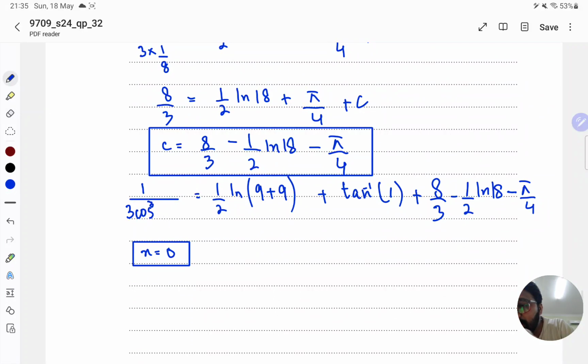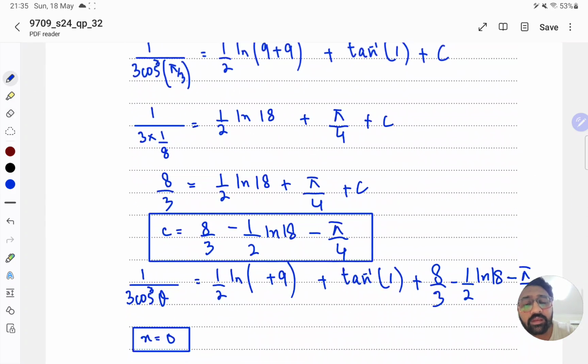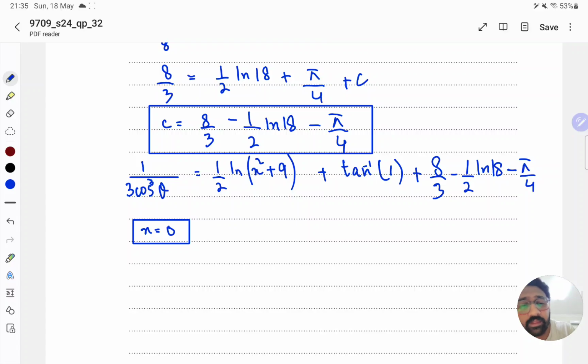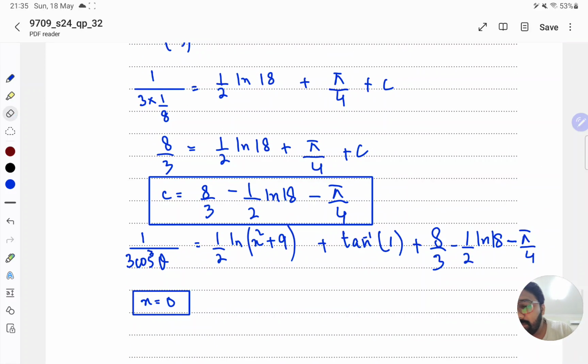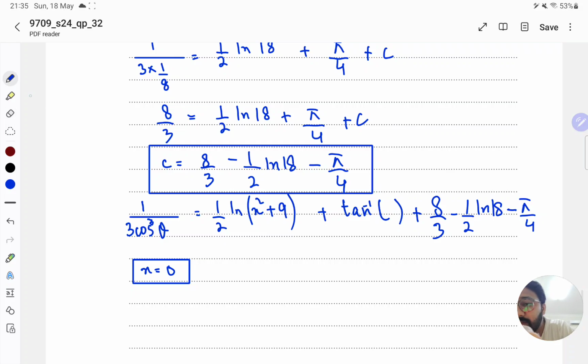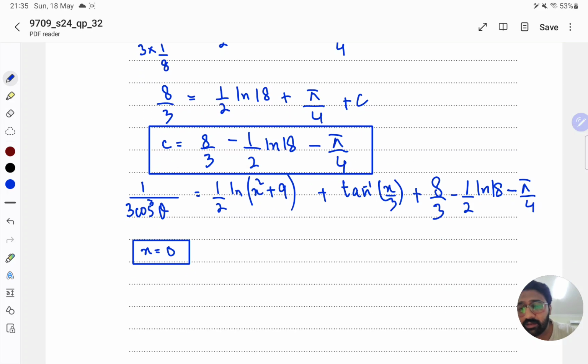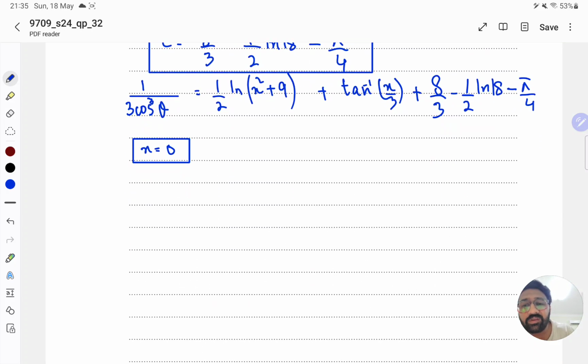But let me correct this. It is theta, this is also x, x square, it is x square, and tan inverse of x by 3, and the remaining terms are correct. Yes, so I have to substitute the value of x as 0.